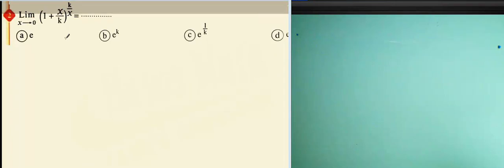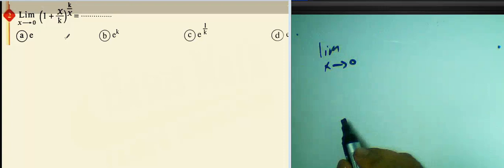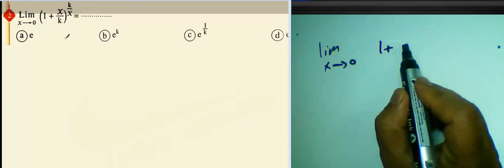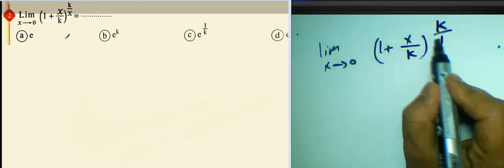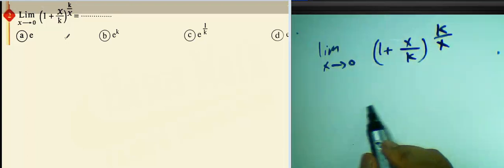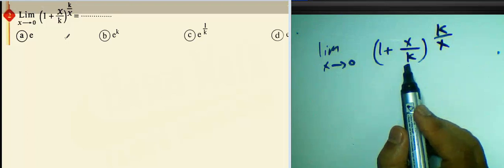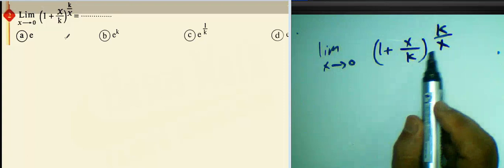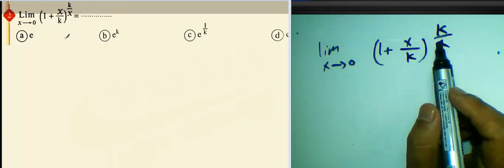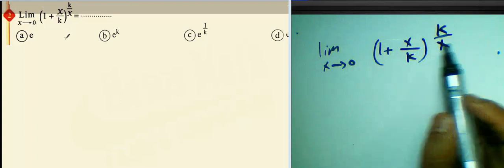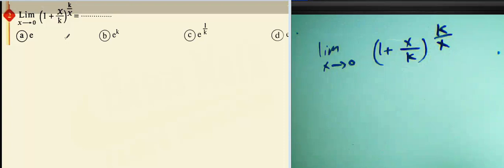Question number 2, find the limit when x approaches 0 of (1 plus x over k) all power k over x. We know the limit of (1 plus x over k) all power what? Here we can write 1 over x and k over x.